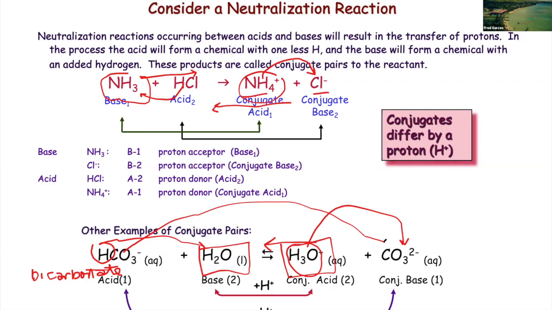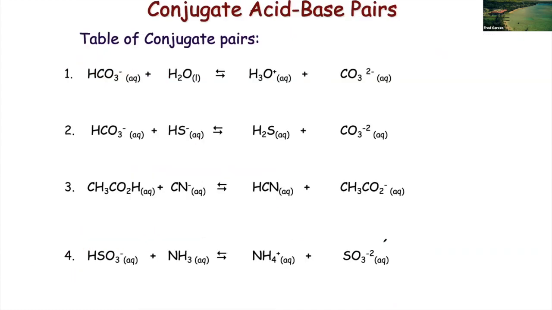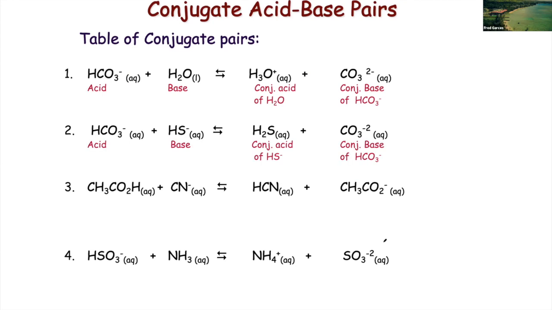It becomes the anti-original chemical. So let's move on. Here are more examples of conjugates, and you could probably just go through here and pick the conjugate pairs, and it's not difficult to do that because they always differ by only one hydrogen, okay? They differ only by one hydrogen.